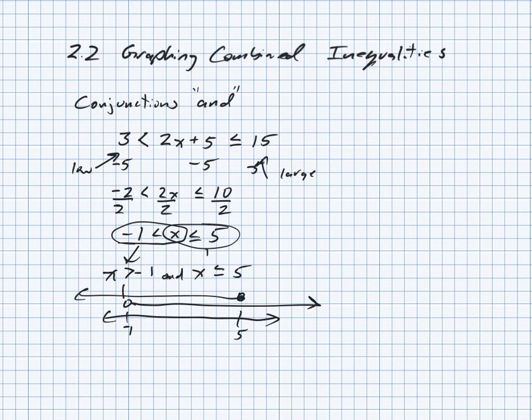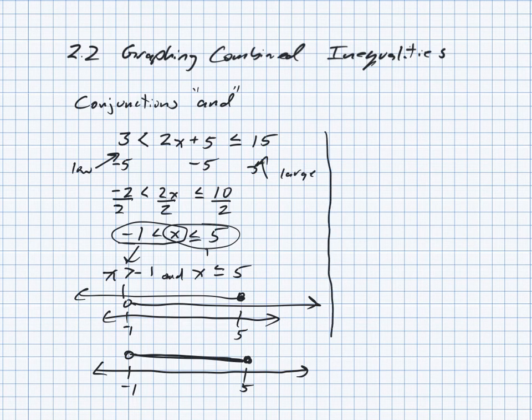The combination of these 2 graphs produces one singular graph with the negative 1 here, the 5 here, a hollow dot and a filled in dot, and all the numbers in between are the conjunction.